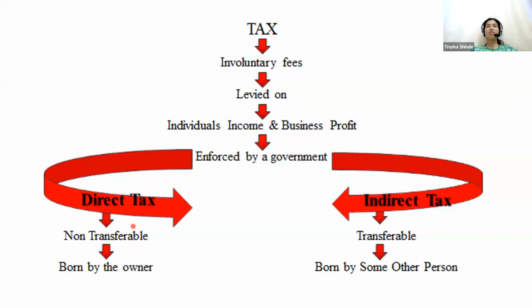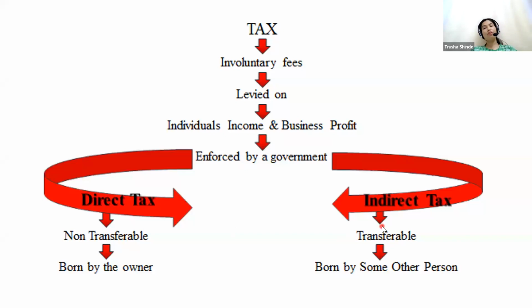This is the tax an individual pays when he earns it, and this tax is not at all transferable. This tax is also called a progressive tax, correct? And it is based upon the income which is earned, correct?